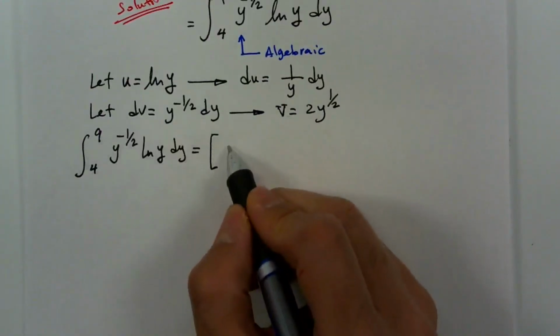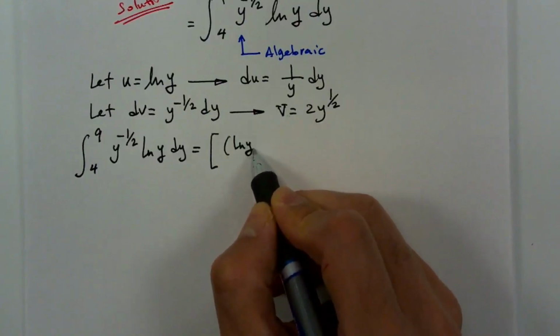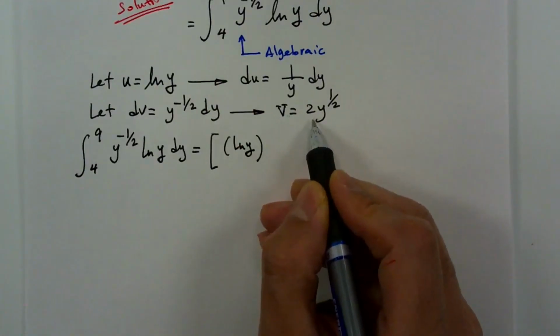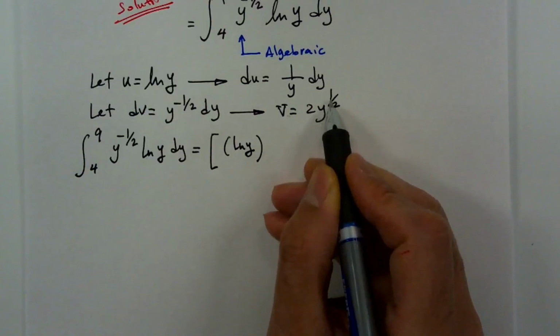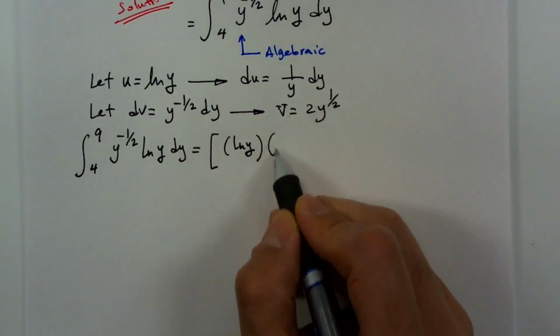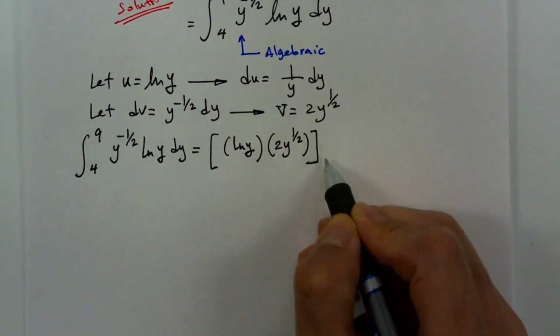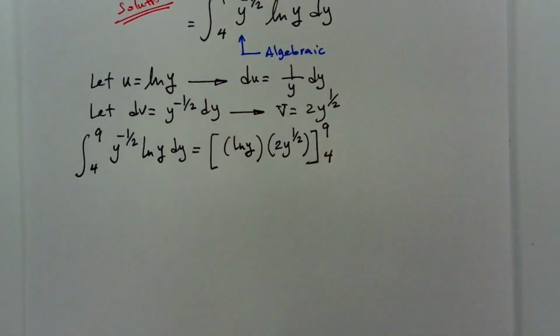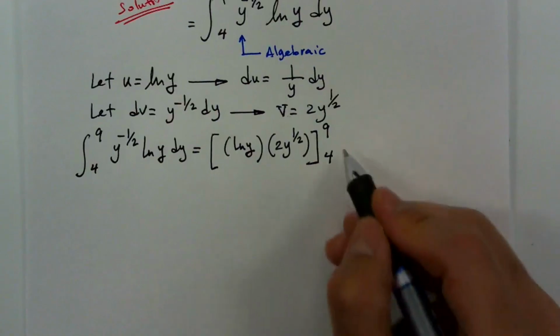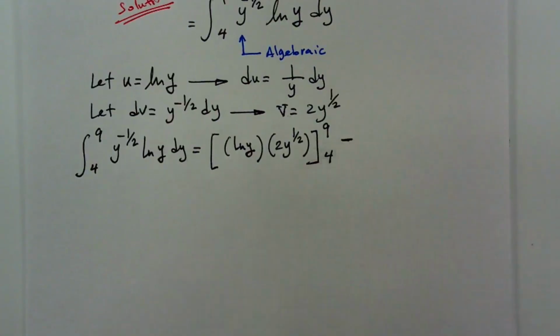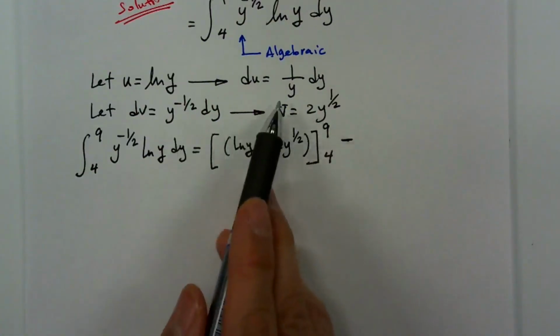So uv would be natural log of y times 2y to the 1/2 power, and then this goes from 4 to 9, and then of course minus the integral of v du.